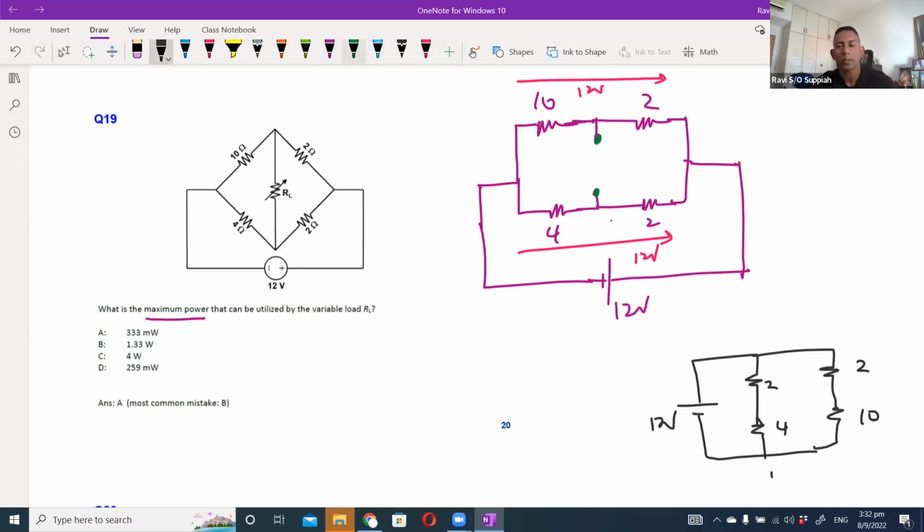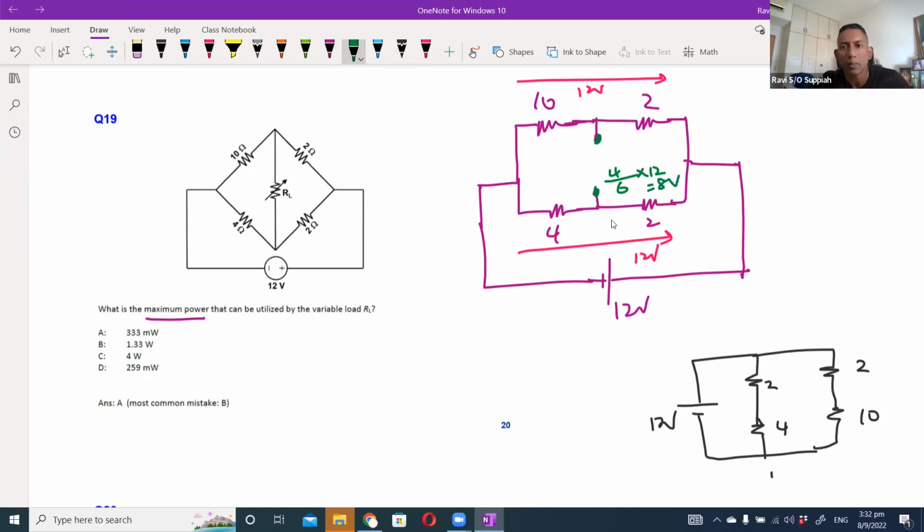Since the 12 volt appears across both of them, you can just use the voltage divider rule. This voltage here would be 4 over 6 times 12, which gives me 8 volts.